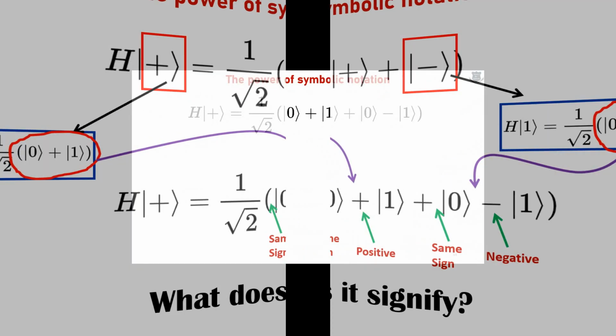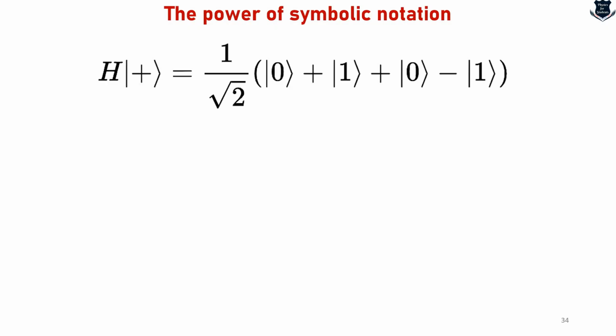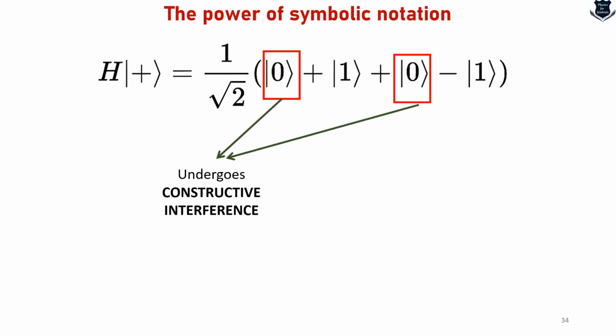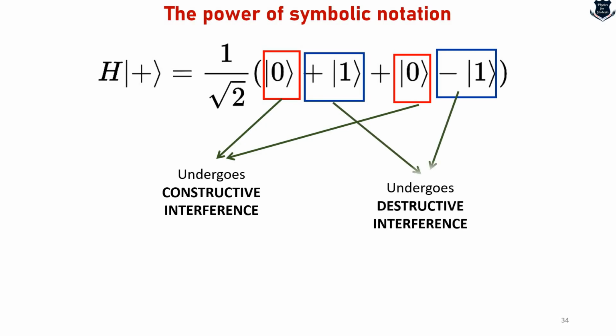So now I would like to answer this question. You see that 0, because it has a positive sign, means it has constructive interference. And because the other has both positive and negative, the waves will come and destroy. That is why it is called destructive interference.